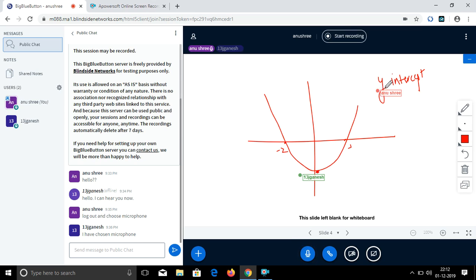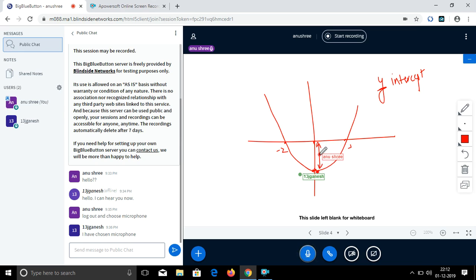Y-intercept, as the name suggests, is where the curve is intersecting the y-axis. Clearly you can see the curve is passing through the y-axis, so whatever will be the distance from 0 up to here, that will give you the y-intercept.